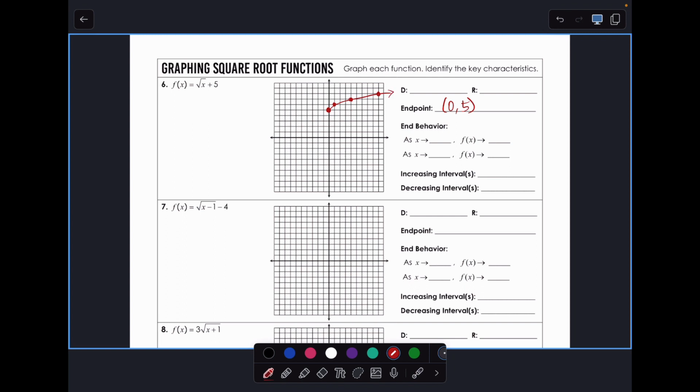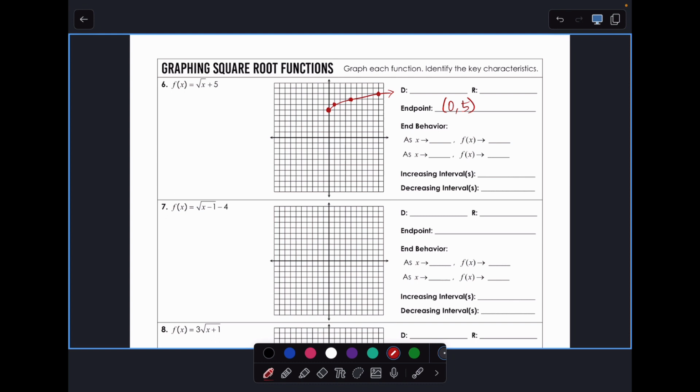Does that make sense? If you plug in these values, let's put in 1 here. What's square root of 1? 1 plus 5 is? 6. Okay. What's square root of 4? 2. 2 plus 5 is? 7. Isn't that 4, 7? Right?